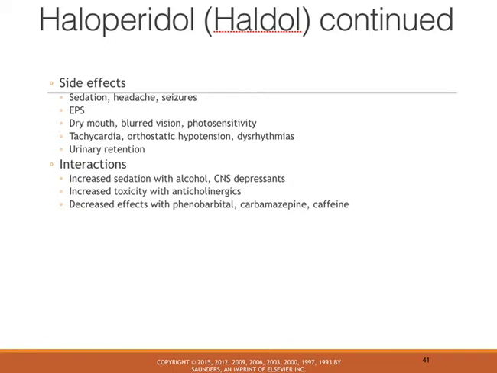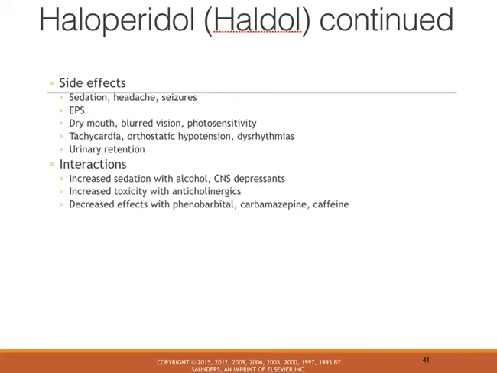Increased sedation if we give it with alcohol, so your patient should not drink while they're taking this, or other central nervous system depressants. For example, we just talked about opioids, and opioids depress the respiratory and central nervous system. So we would want to be cautious with giving anything like that to a patient that's already taking Haldol.